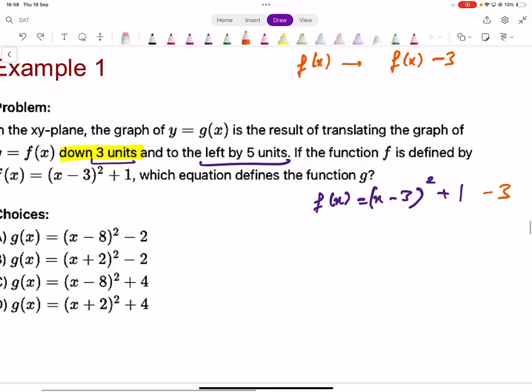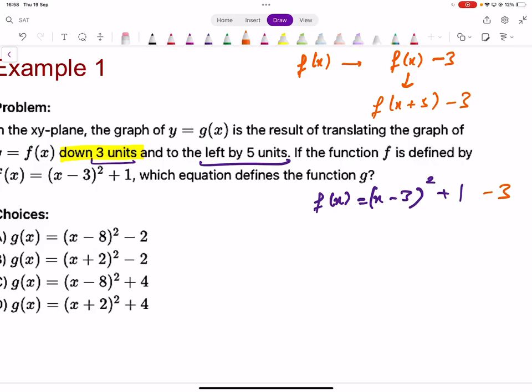And then it moves to the left by 5 units. If you add 5, that means inside the function. Inside the function, that means in place of x, you add 5. Left means you have to plus something. Right? So this becomes f of x plus 5, minus 3. Is this all right?